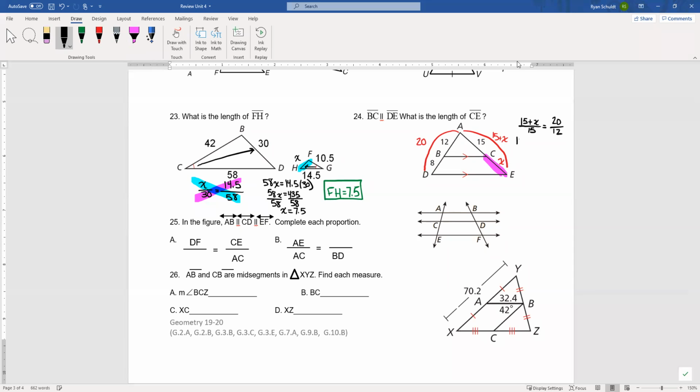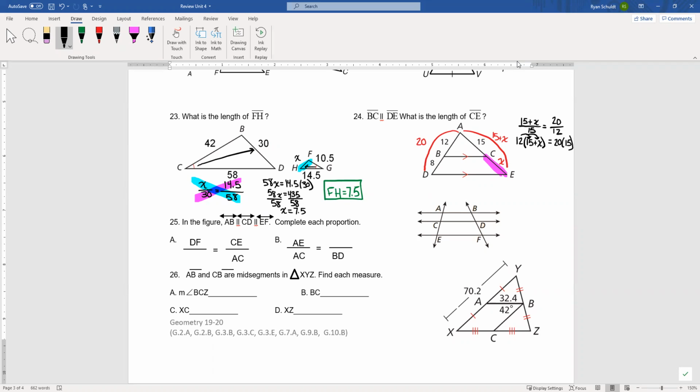So let's cross multiply. I have 12 times 15 plus X equals 20 times 15. I need to distribute my 12.